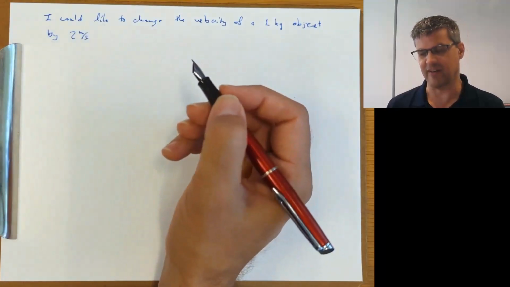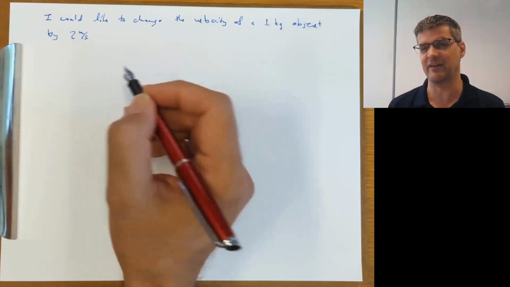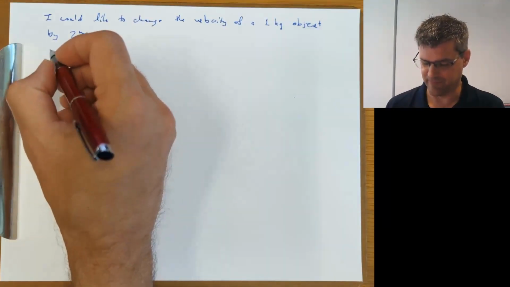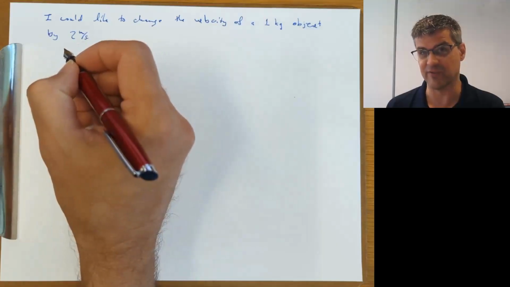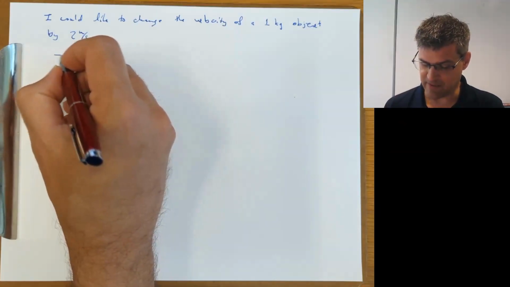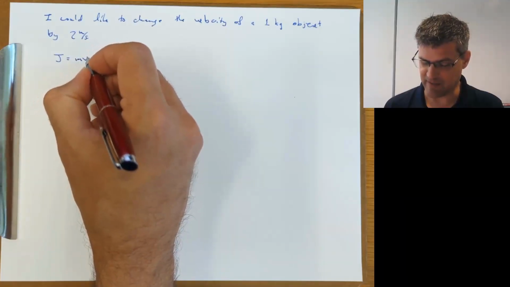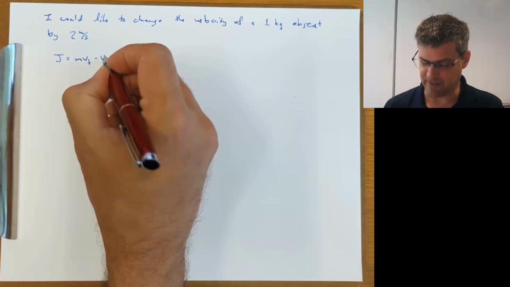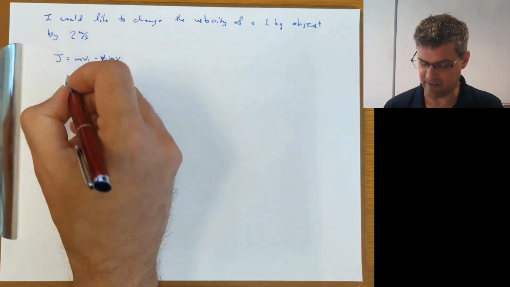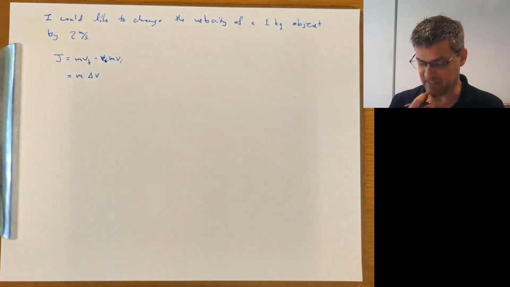Now, that being said, if we were looking at momentum stuff, we were looking at impulse stuff, I know that this impulse is a change in momentum, right? And so the impulse being the change in momentum, it's mvf minus mvi, or it's m times the change in velocity.